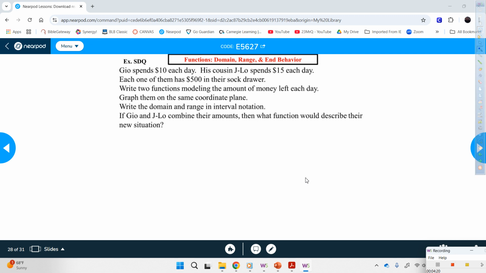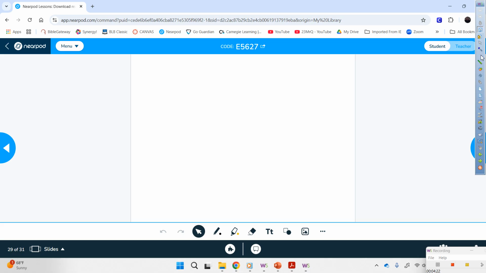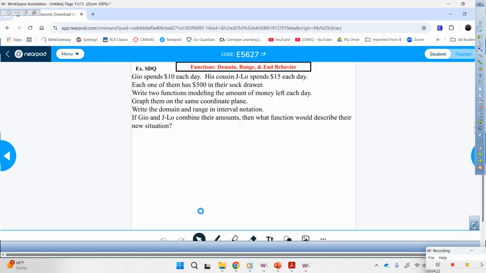So with red, underline what are they asking for on this problem. Let me send you the screen so you can underline on the screen. With red, what are they going to ask us to do? Underline on your screen. What are they asking you to do?